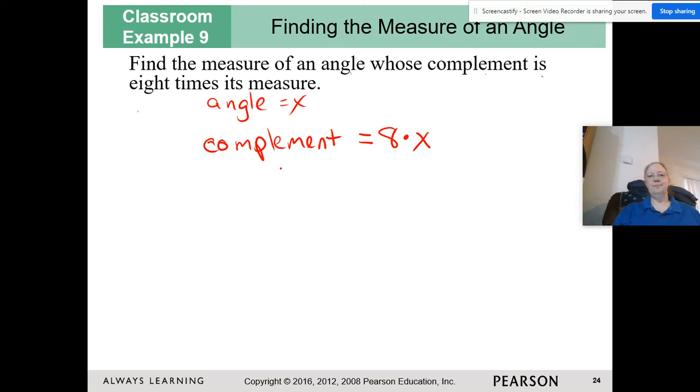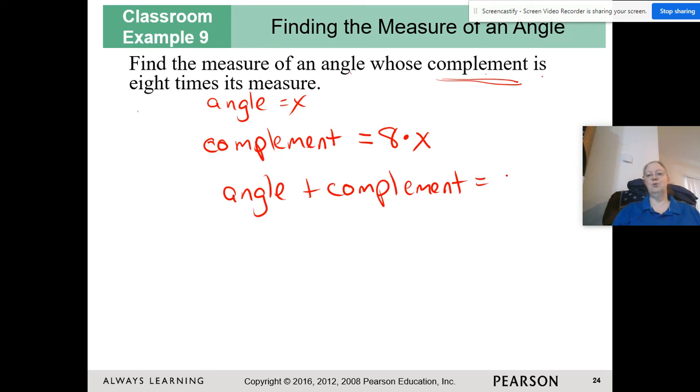So we know that two angles that are complementary have to add up to 90 degrees. So if I take my angle and I add the complement, I have to add up to 90 degrees.